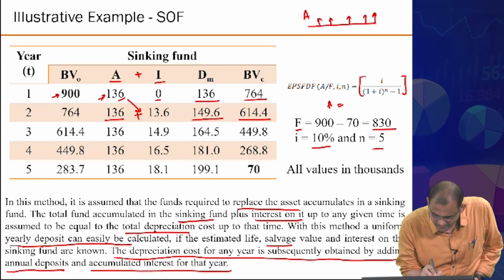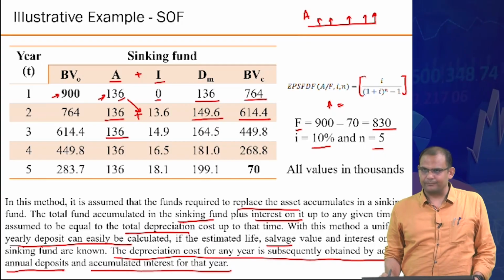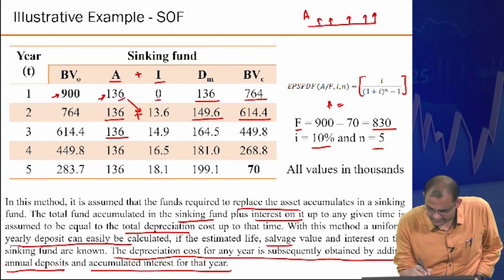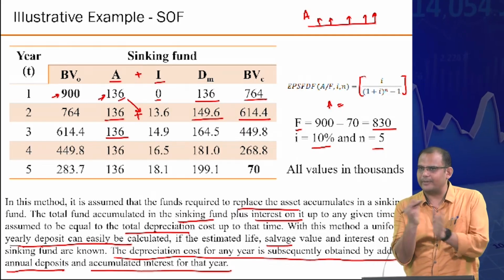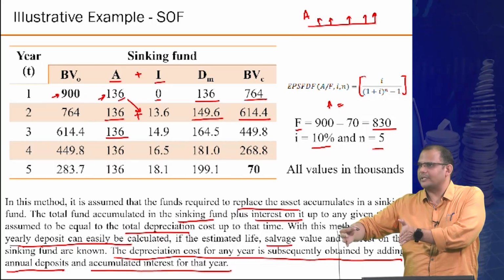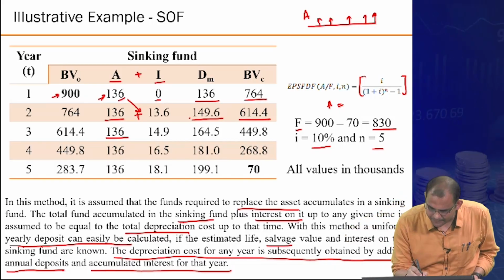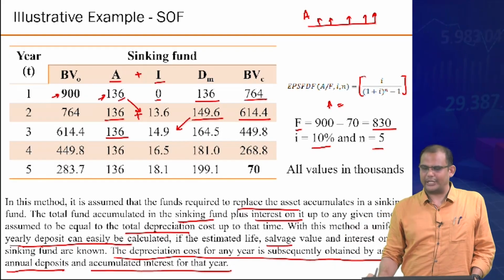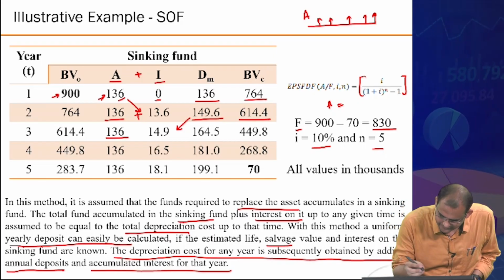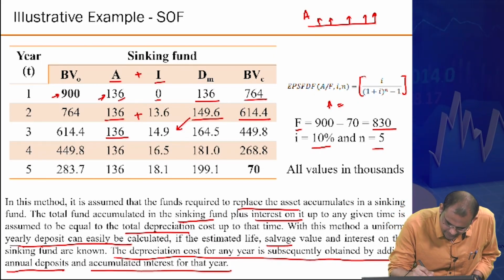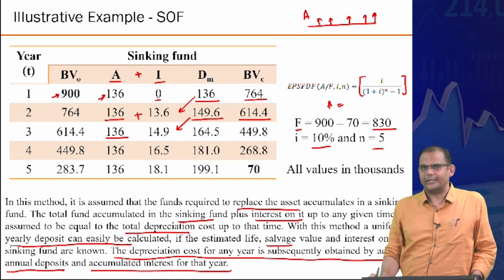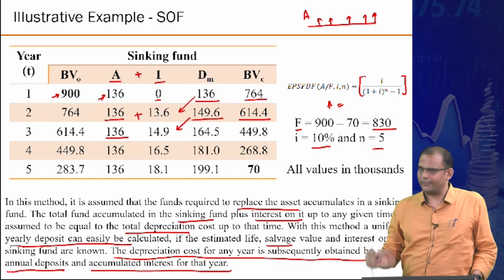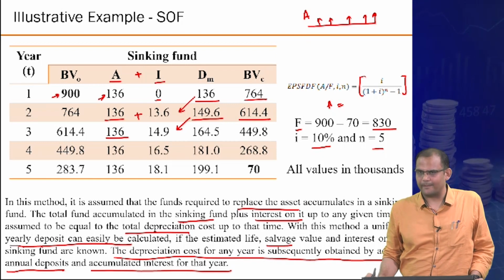Now, the A value remains the same. This was the amount that was in the account in the previous year, and that has been deposited for another year. So at 10%, it will accumulate another 14.9. Instead of this, follow the logic from the column here, so that it becomes uniform for you to estimate the formula, right?